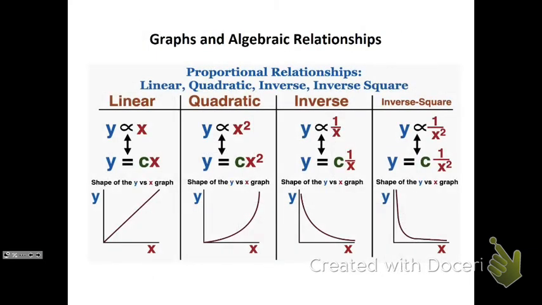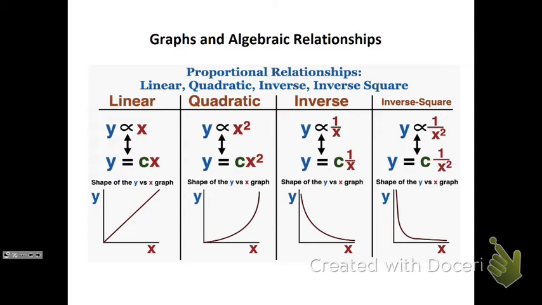I've been kind of dodging this slide a little bit for the last few days, but we've been talking about it, right? This shows the relationships between two variables that we're graphing. If it is a straight line, that is a linear relationship, or we can say that it is proportional.